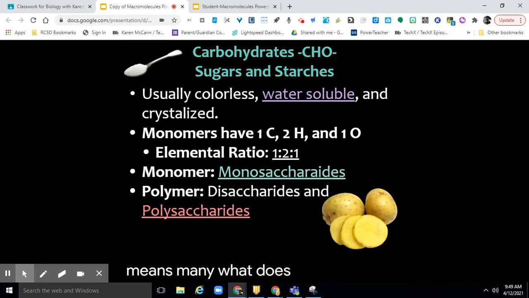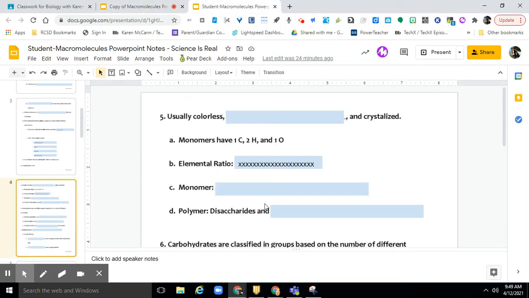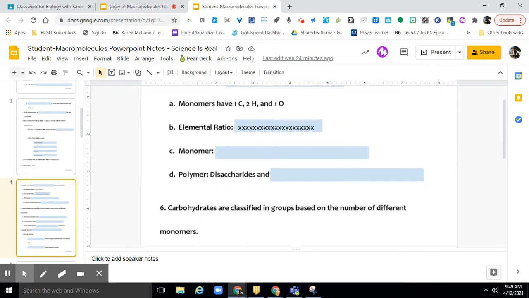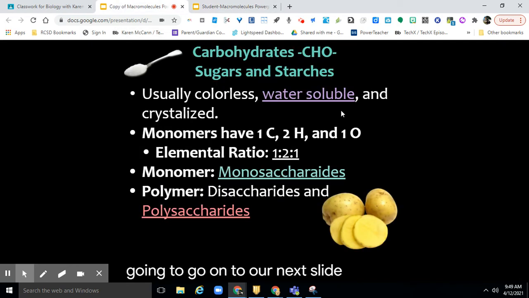What does saccharide mean again? If you thought sugar, you are correct. Don't forget to fill in this on your student notes right here. We're going to go on to our next slide.